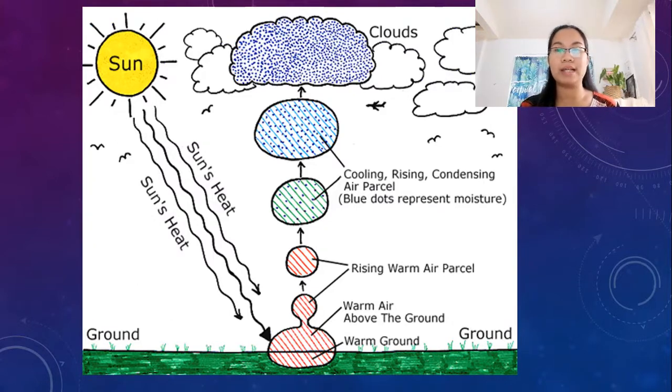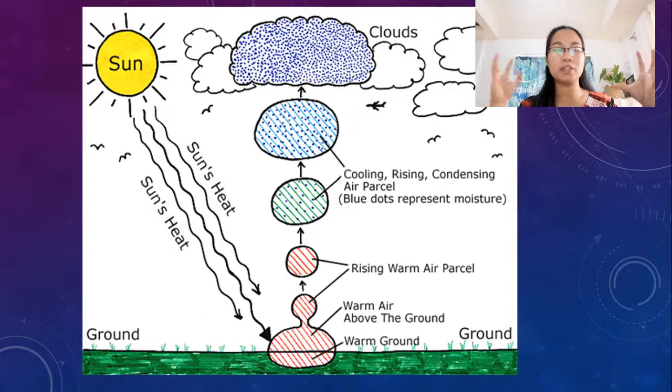Let us recall what adiabatic cooling is. When we say adiabatic cooling, that means no heat is added or removed from the system. However, as it moves higher in altitude, the pressure there decreases. So when it moves higher, the pressure decreases, so it will actually expand.